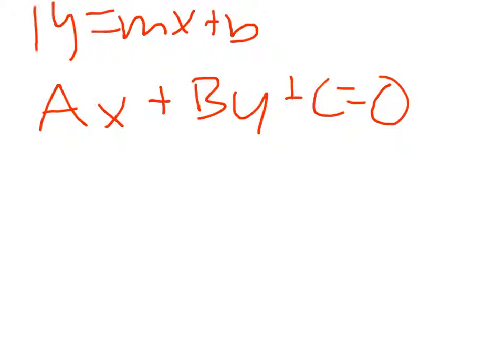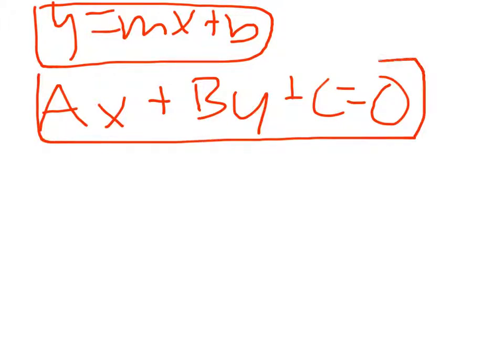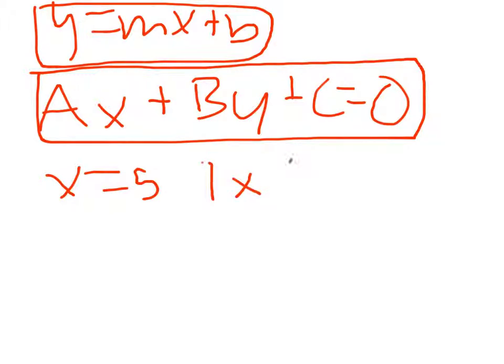So this is y equals mx plus b, and this is standard. For example, x equals 5 can be written as 1x plus 0y minus 5 equals 0 when you plug it into the general form.